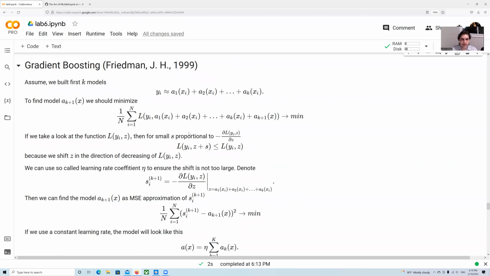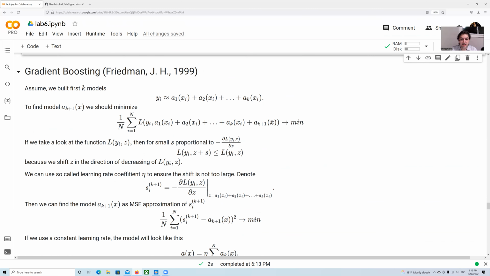And to avoid the direct minimization problem, we can remember a little bit of calculus. Let's draw the plot of the loss function.